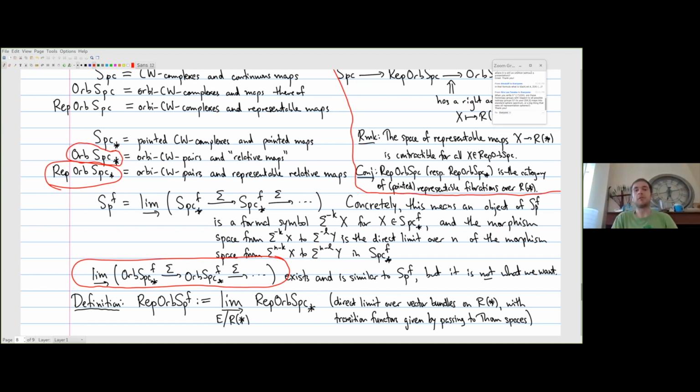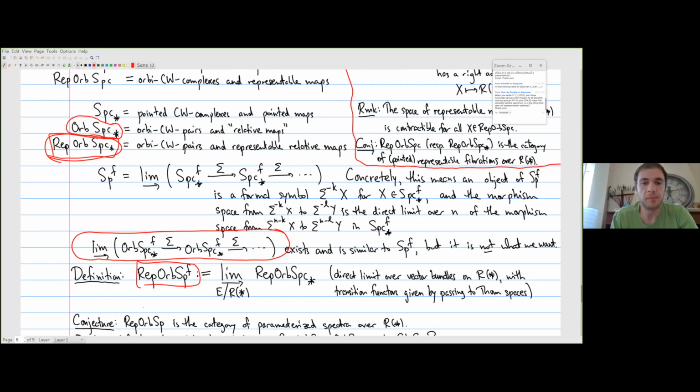The vector bundle gives me an endofunctor of this category, namely pull back and suspend. So I can take the direct limit, and that's this category of representable finite Orbispectra. If you want to define Orbispectra without this representable prefix, you have to do something else. But we only need the representable version now.